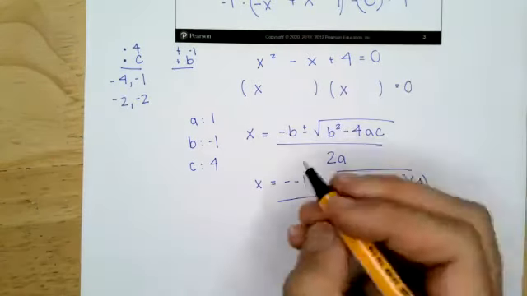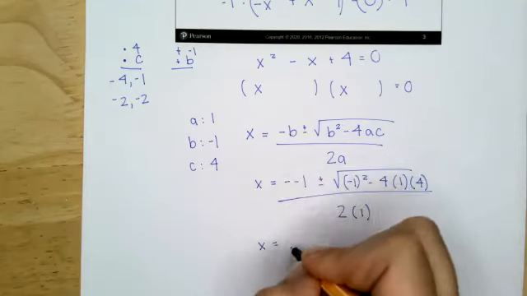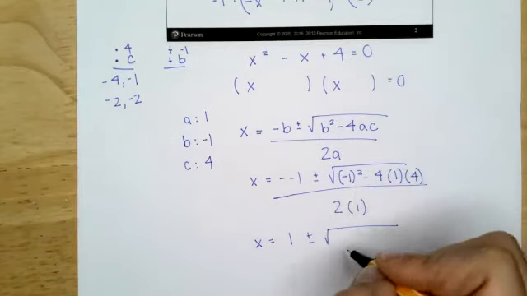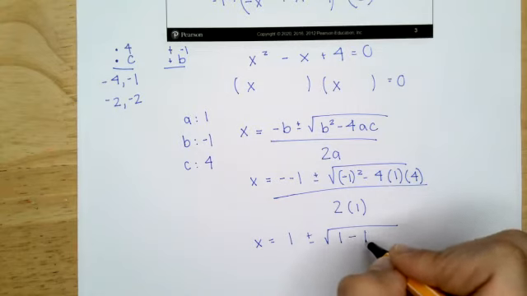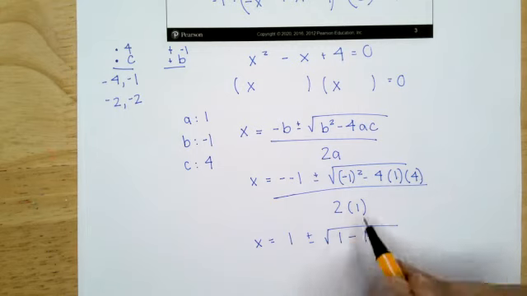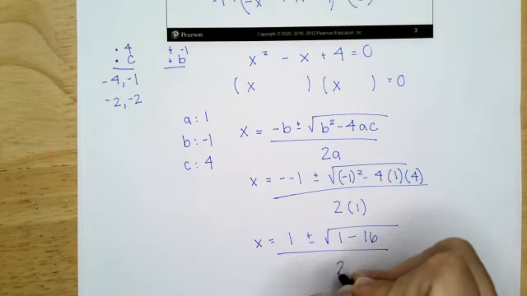And this is just things we have done before in previous units. So that would simplify to 1 plus or minus the square root of -1 squared, which is just 1, minus 16, because 4 times 1 times 4 is 16, all over 2.